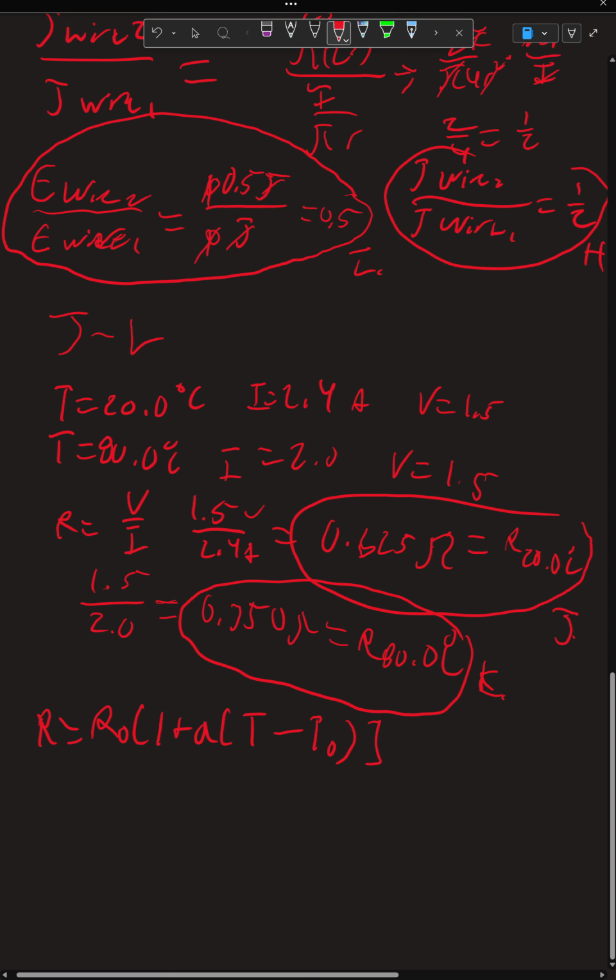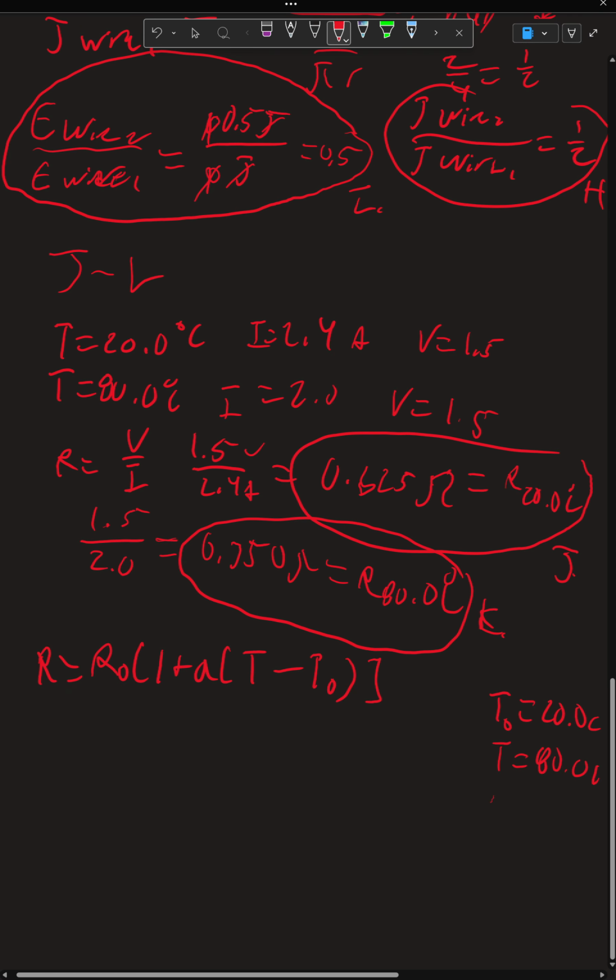The way we define everything is that T0 equals 20 degrees, and at T, normal T, it'll be 80 degrees C. For resistance, that's 0.75 ohms, and for R0, that's 0.625 ohms.